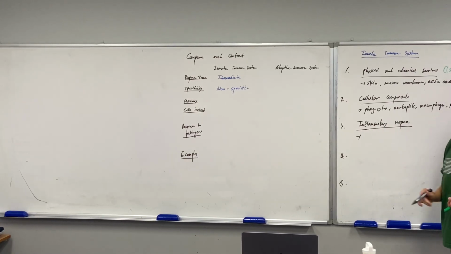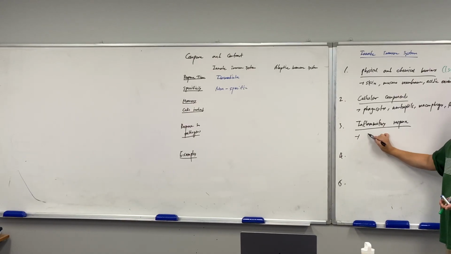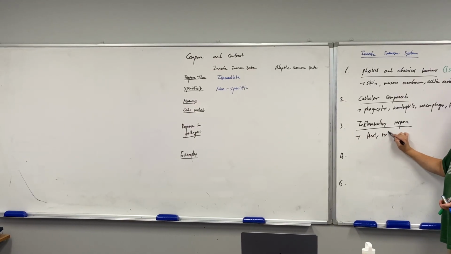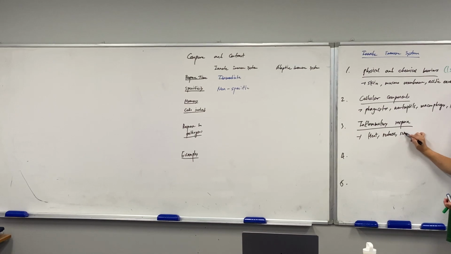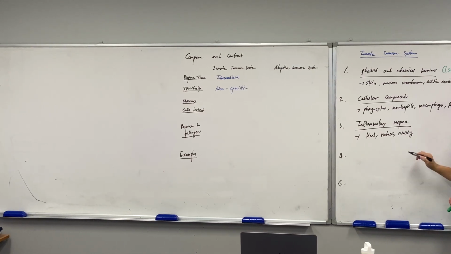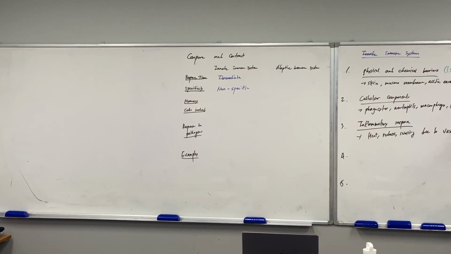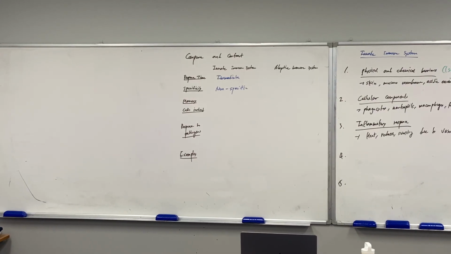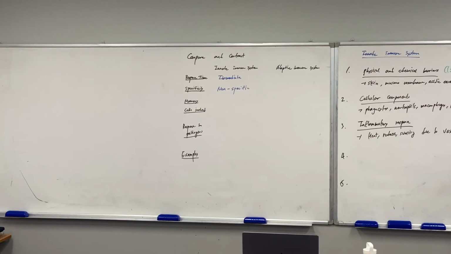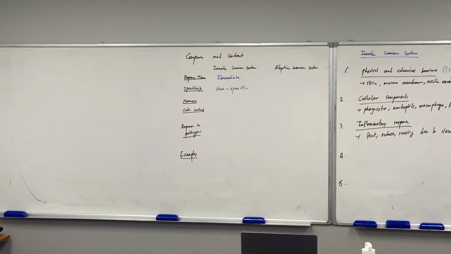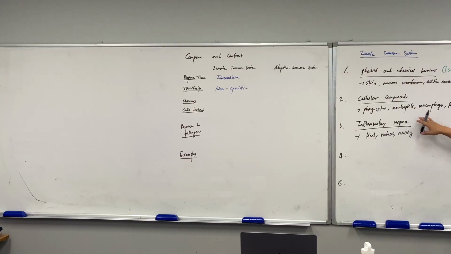The common signs of inflammation are heat, redness, and swelling in the region due to vasodilation. Vasodilation means they enlarge the blood vessels near the infectious site, so there is more supply of cellular components, giving us an environment for washing out those pathogens.